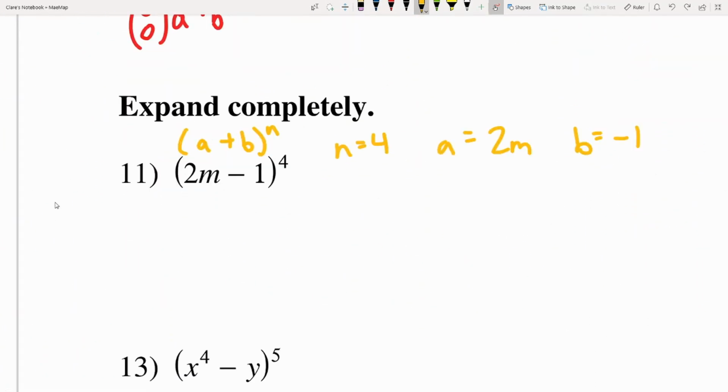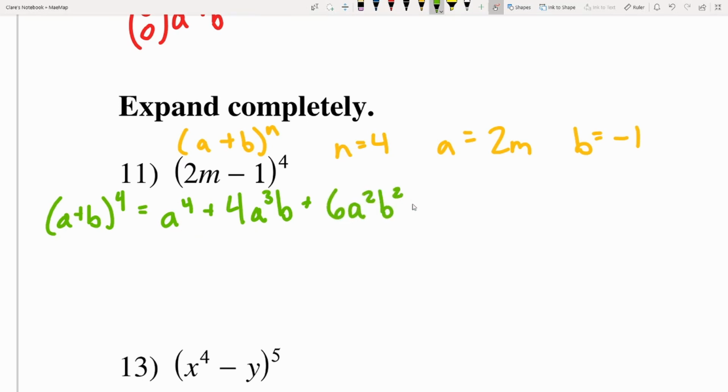So again, writing this out, a plus b to the 4th is going to be equal to a to the 4th plus 4a cubed b plus 6a squared b squared plus 4ab cubed plus b to the 4th.